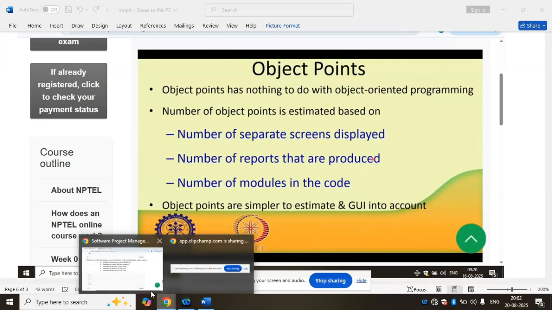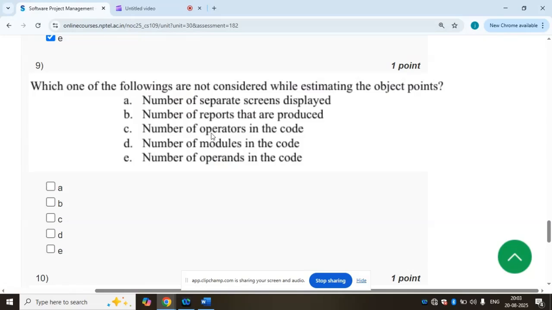These are the three things. So option C, the number of operators in the code, is not considered, whereas the number of operands in the code, E, is not considered for the estimation.